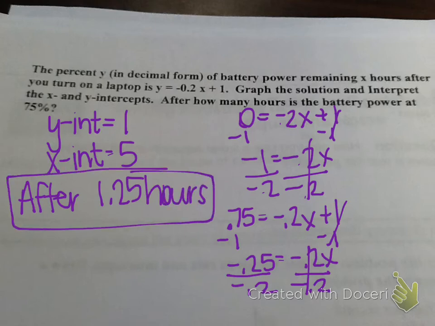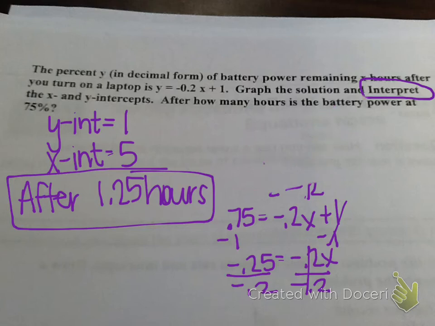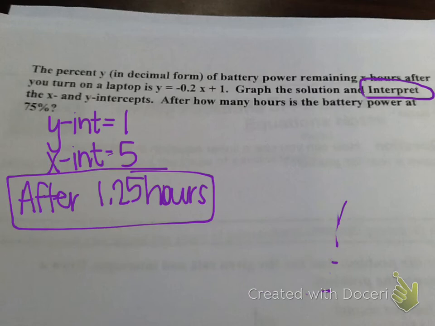Now, the only thing that I haven't done is actually, well, I haven't graphed it, but interpret the x and y intercepts. So, to interpret the x and y intercepts, I have to think about the problem. So, if I'm thinking about what the y-intercept means, I just said on the previous page that it's kind of like where we're starting.